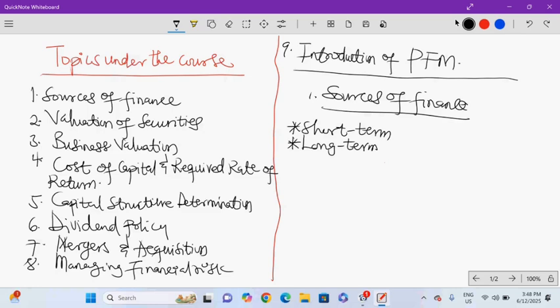When we say the short term, what are some of the examples? We have the bank overdraft. What else? Short-term loans. And then we can also have trade credit.